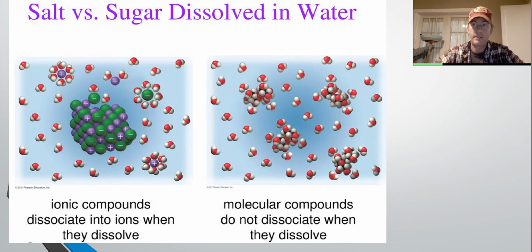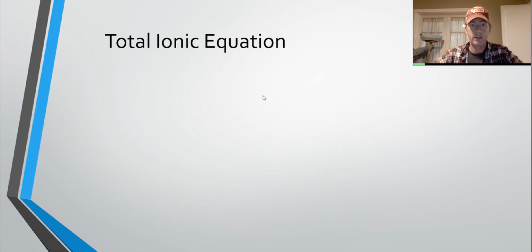We have an ionic compound like sodium chloride dissolving. It's getting pulled apart by the water, and we see the surrounding of the ions. Now, sugar here is a polar molecule itself, just like water is polar. So this is not dissociating. It is not getting pulled apart into ions. It is just polar and mixes with another polar compound.